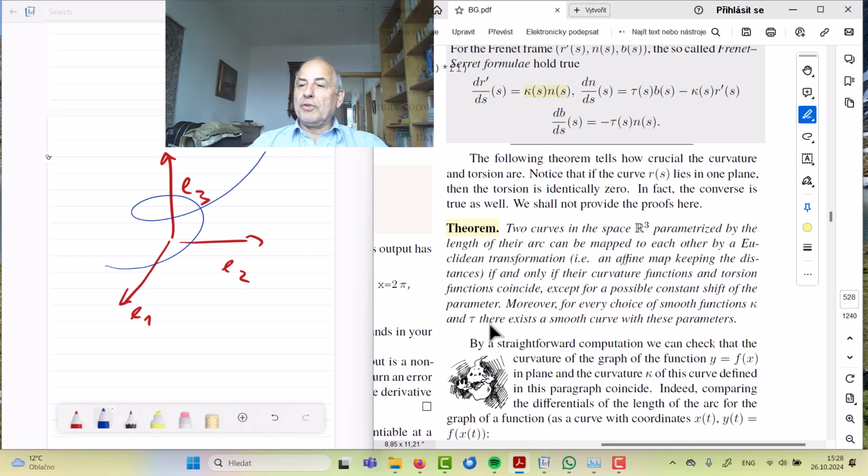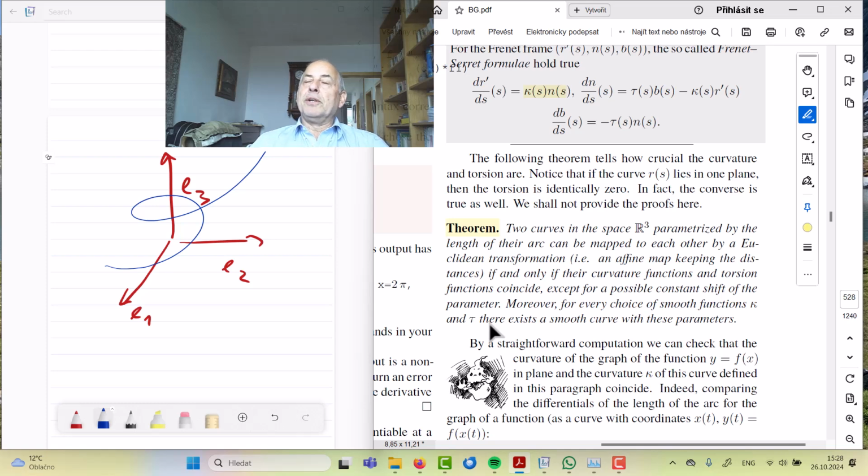So for each of them I can parameterize them by length, both of them, and for each of them I can decide what's my origin in the curve, so where the time 0 would be, and I compute in any normal coordinates I wish their curvature and torsion.